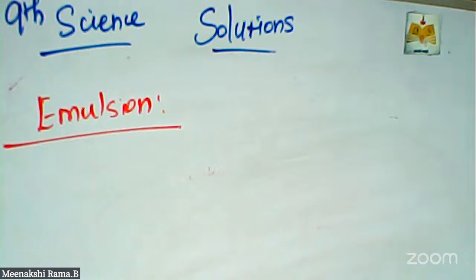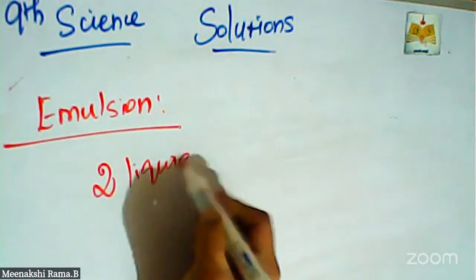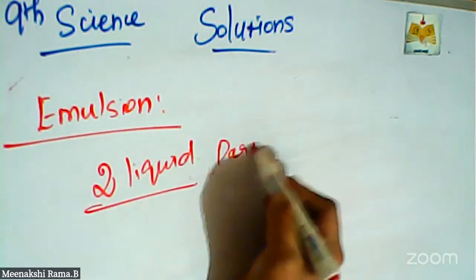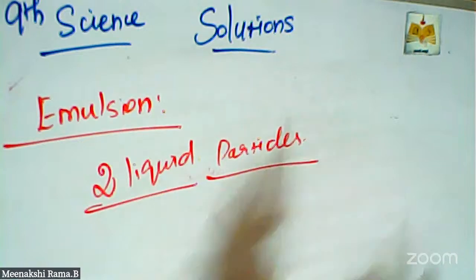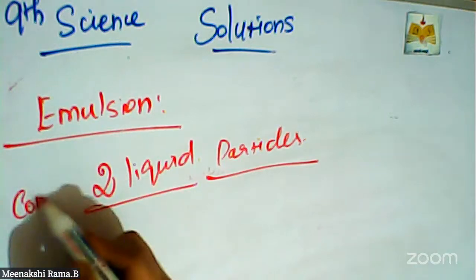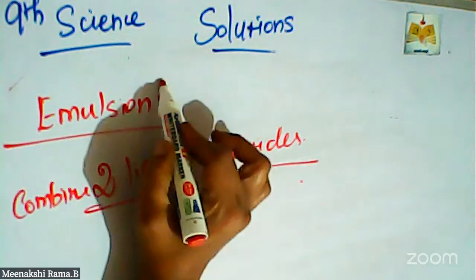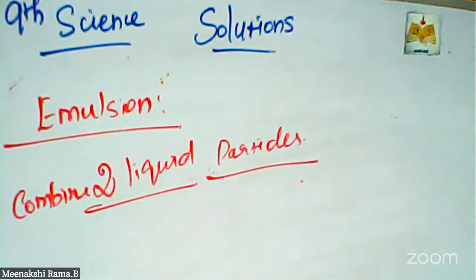Two types of liquid particles are mixed to form one solution, and that is called an emulsion. The one type of liquid particles gets scattered in the other liquid. Emulsion is a special type of mixture combining two liquids. So combining two liquid particles to form one solution is called an emulsion.